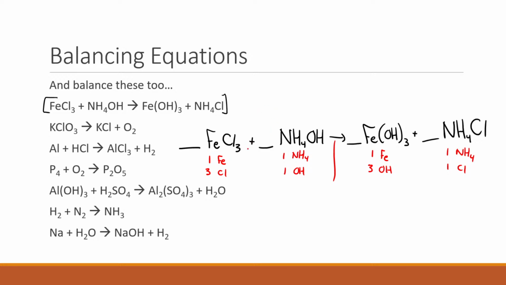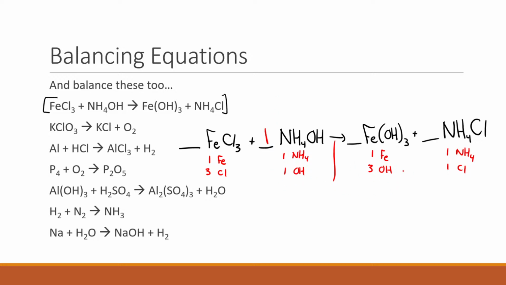Now when I look at what has the most stuff in it, I've got 4 things, 2 things, 4 things, 2 things. So I can actually start with either of these 2 substances and put a 1 in front. All right, we're actually going to start with a 1 in front of the NH4OH for this one because I want to make a point. A 1 in front of the NH4OH means that I have 1 OH.